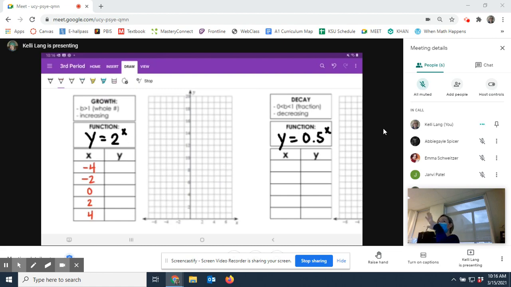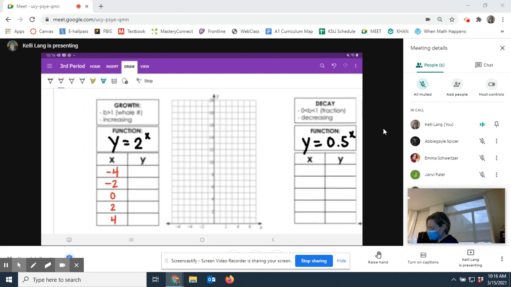I could have picked -3, -1, 1, or I could pick -1, 0, 1, 2, 3, right? So you can pick any values you want. Try to pick values that increase on a constant rate, and maybe try to pick some negatives and some positives so that you can get like a good spread on your graph.